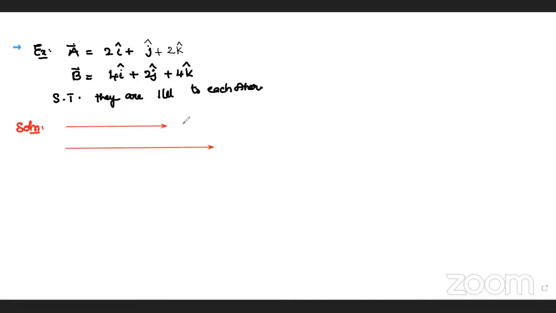Direction actually will be given by the unit vector. That's why, better you try to find out the unit vector along A bar and the unit vector along B bar. Means I am going to find out A cap and B cap.